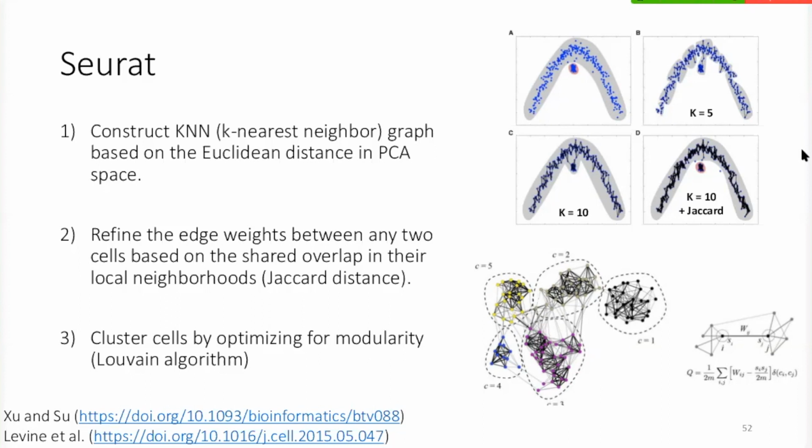If you look very, very closely, then you end up with a large number of clusters. So it's an indirect way to define your clusters. I don't know, did they change this in Seurat? It's called the resolution parameter. Yeah, it's still the same. So you make this resolution higher, you end up with a larger number of clusters. You make it smaller, you end up with a smaller number.